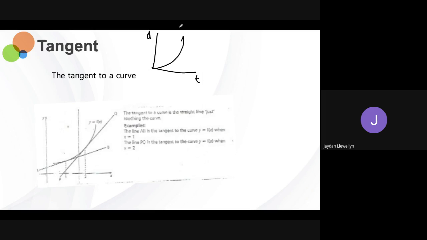The velocity is not constant, which suggests that it's accelerating. Now, if we wanted to find the instantaneous velocity, how would you do that again?